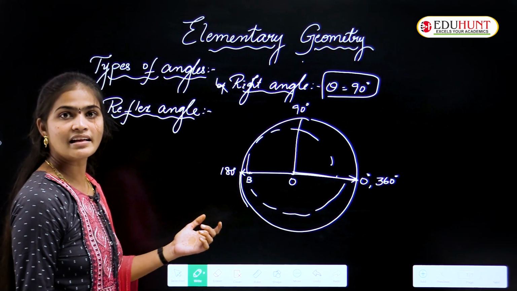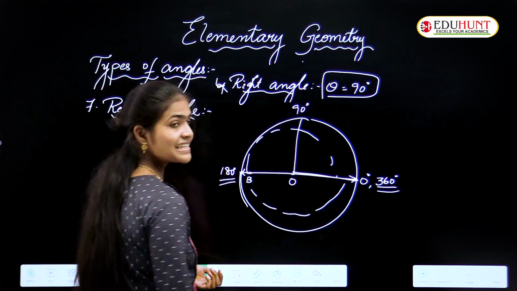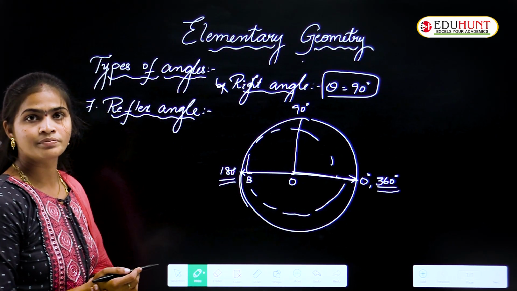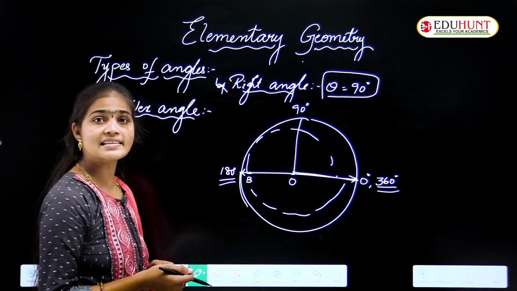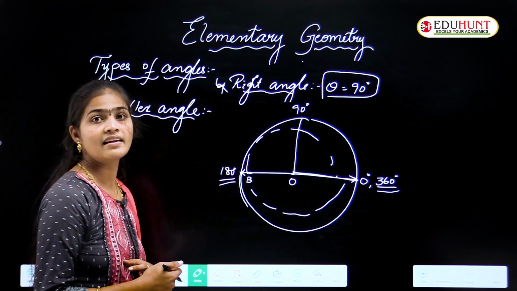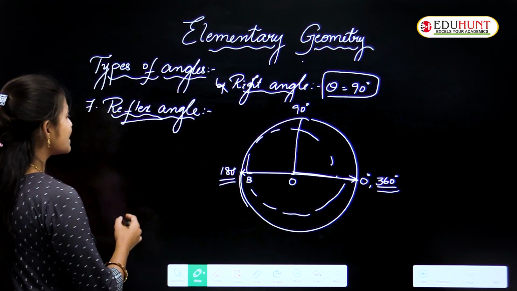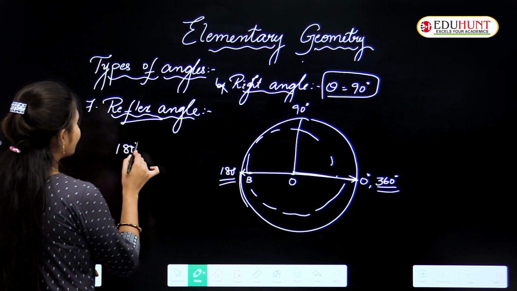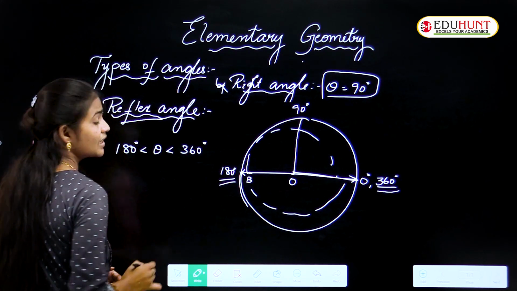So the angle which lies between 180 degrees and 360 degrees, here we have to observe. The angle which is greater than 180 degrees and less than 360 degrees is known as a reflex angle. So here theta lies between 180 degrees and 360 degrees. Is it clear?